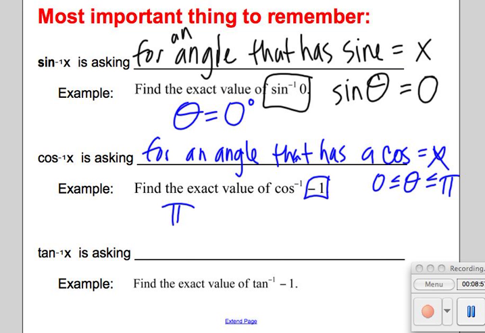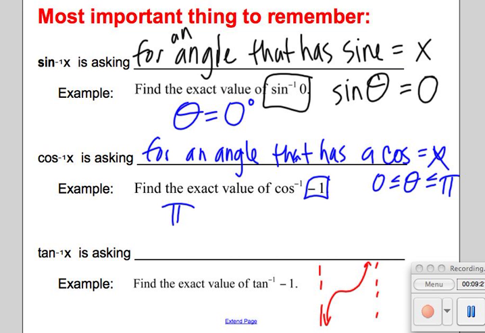Tangent inverse of x is asking the exact same thing, so I'm not going to repeat that. It's asking for an angle that has a tangent equal to x. So in this case, where is the tangent negative 1? Now tangent, we did not talk about the range, but because the asymptotes define your period, notice it never repeats itself. It has all values from negative infinity to infinity.